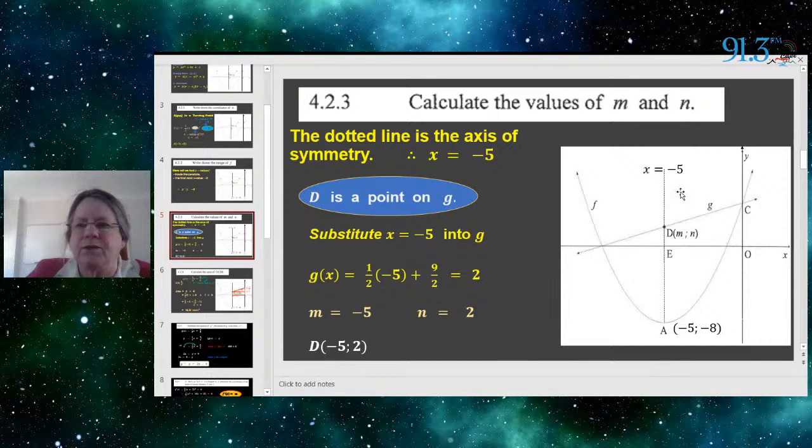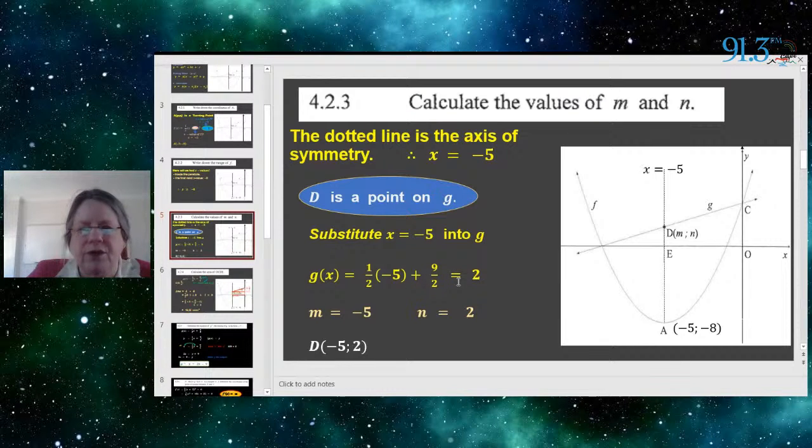So in this case, it was important to see that we have the x value, which is -5. So if you have the x value, we use this formula here for the straight line to calculate the y value, which is g(x). So all that we do is we take a half, we sub the -5 into the value of the x, plus 9/2.